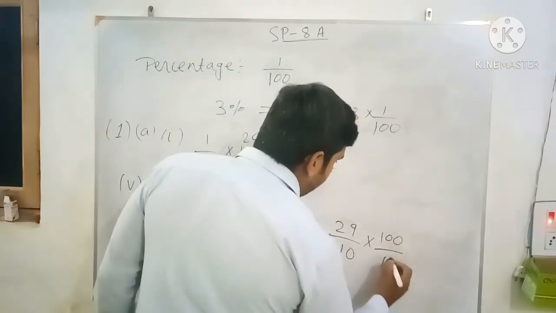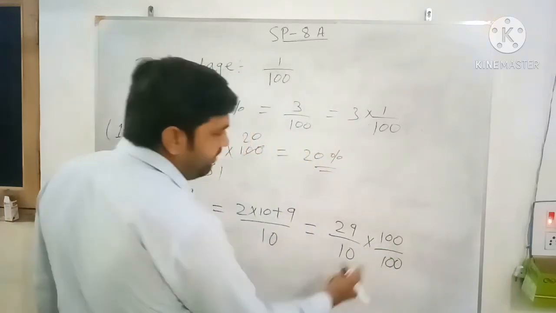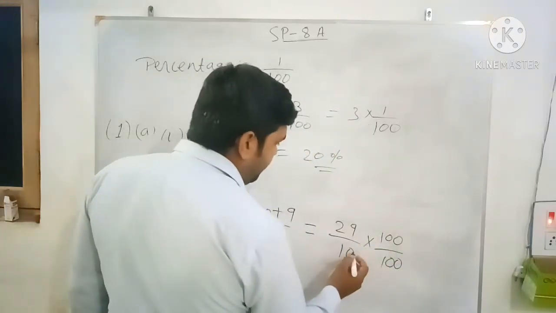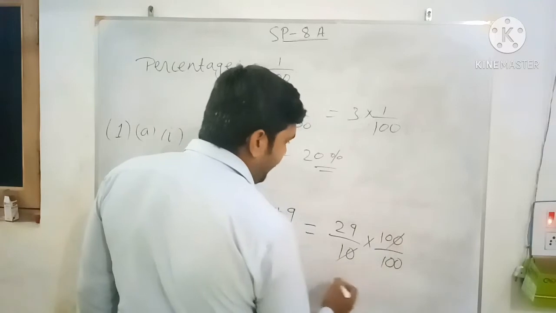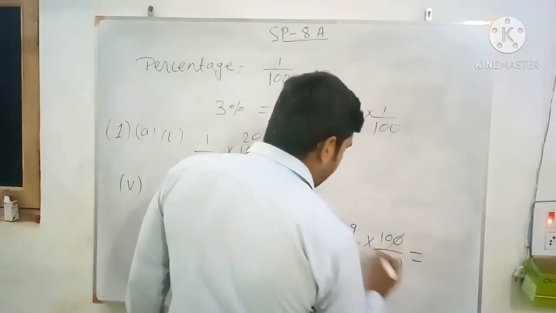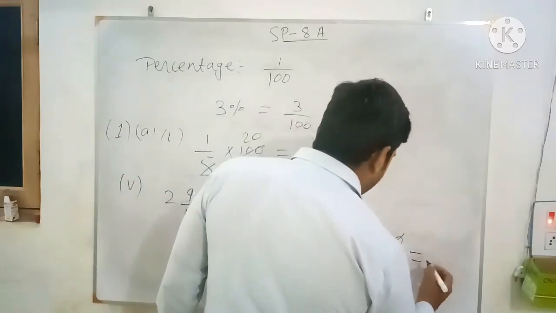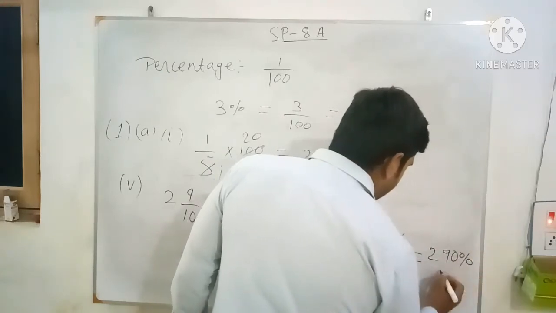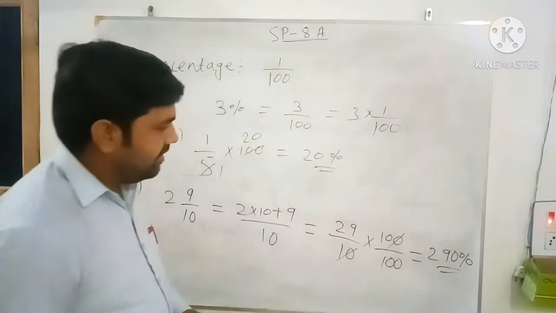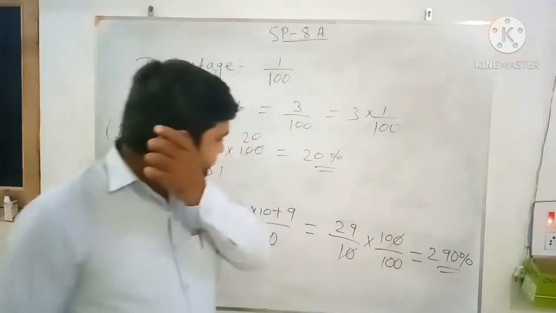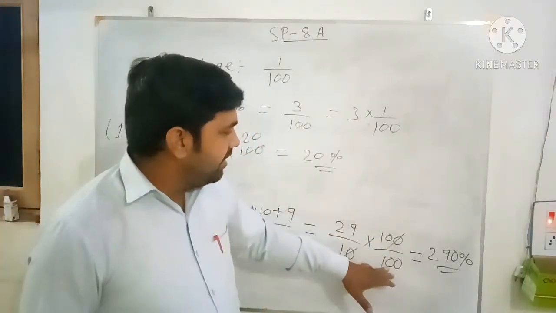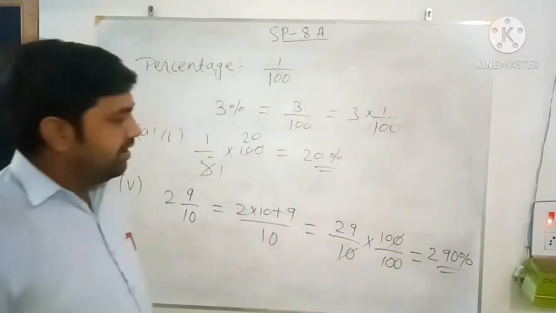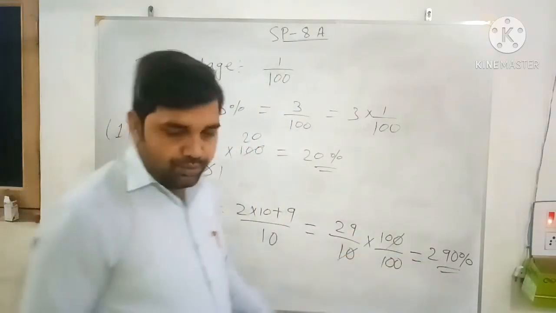100 by 100. See, 1 by 100 means percentage. Now here the 10 and 100 cancel. So what we got? 29 tens are 290%. So 29 tens are 290, and 1 by 100 means percentage, 290%. Like that we can do.